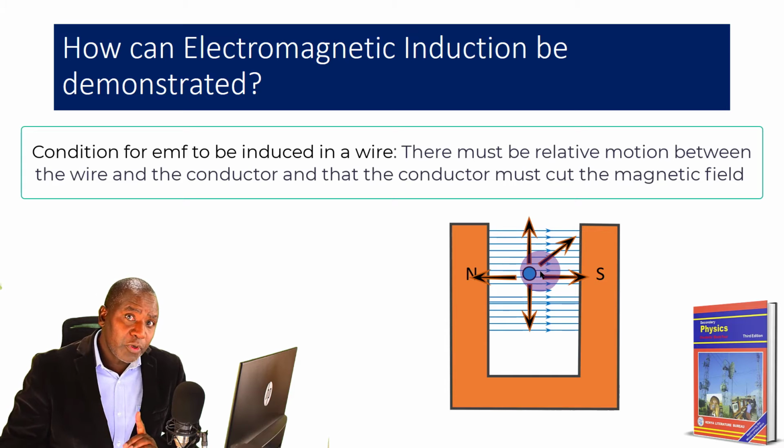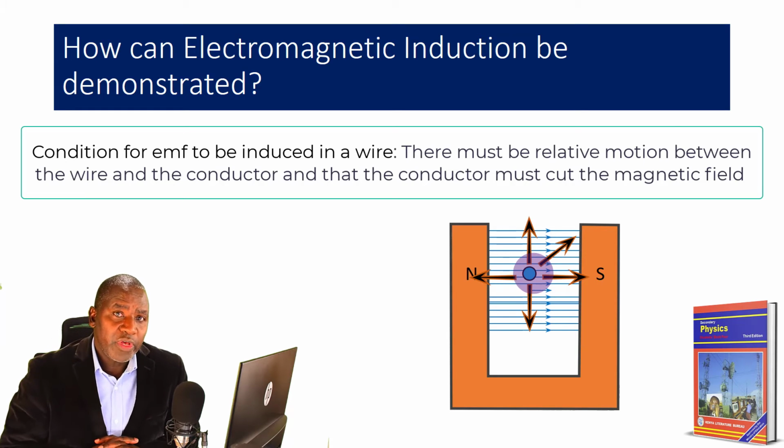So you end up concluding that for an EMF to be induced in this conductor, there must be a relative motion between the conductor and the magnet, and that the conductor must cut the magnetic field lines. That one is very, very important.